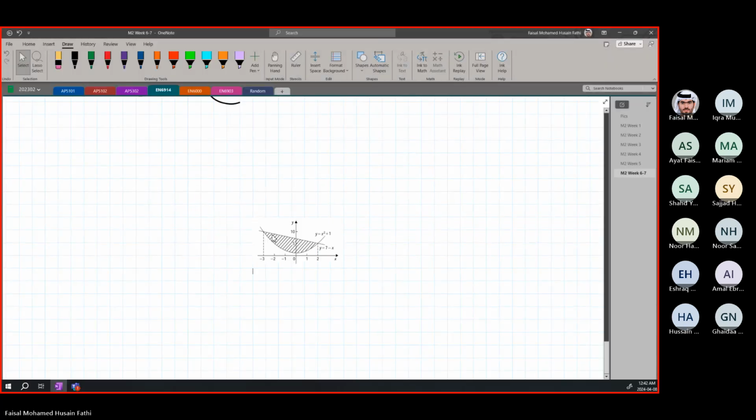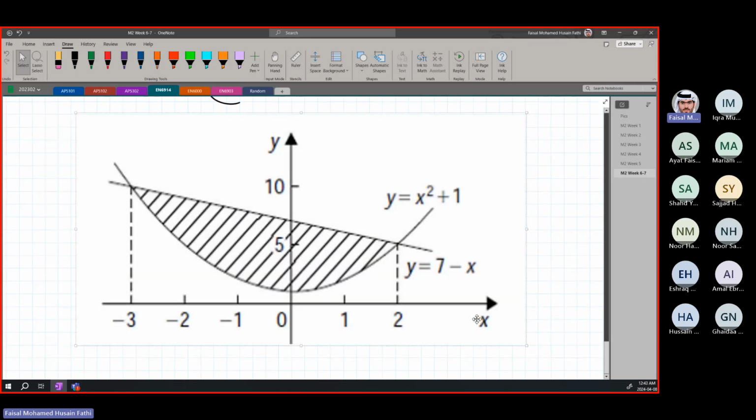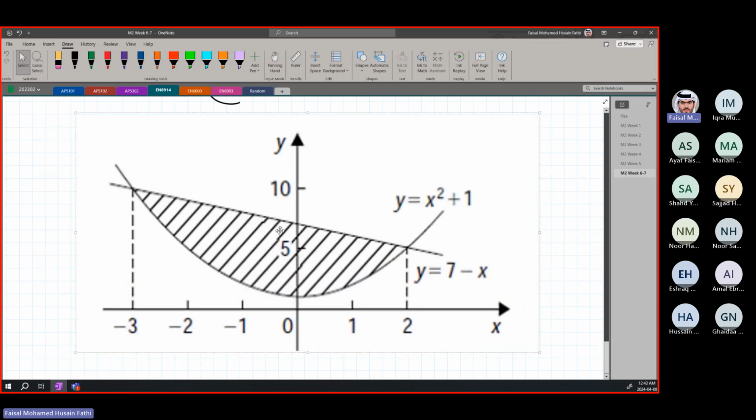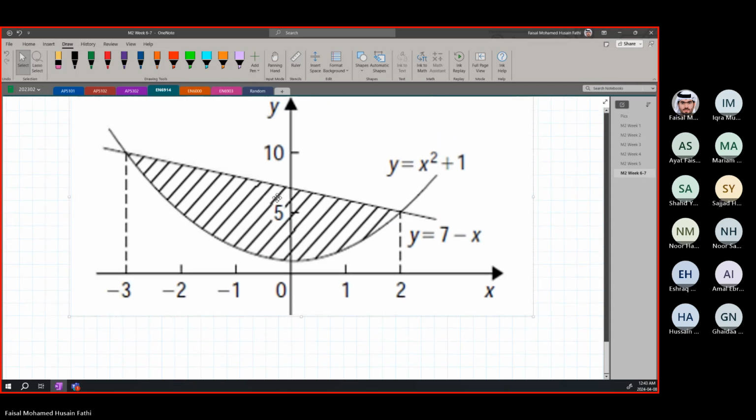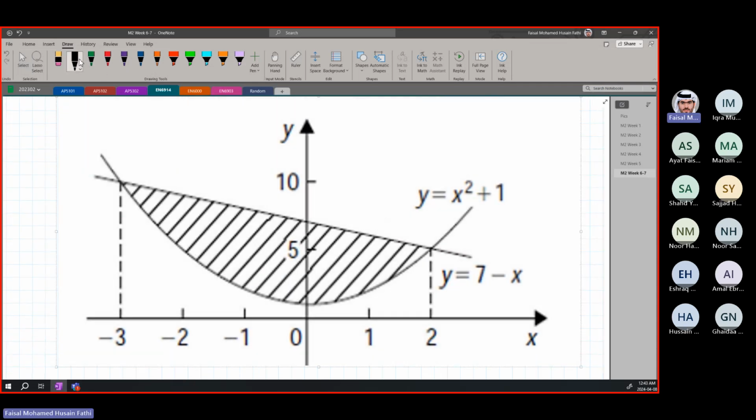This is the case of when you have two curves and you need to find the area in between. Let me make it as large as I can. Okay. Now they're saying this is your shaded area. It's shown clearly where your shaded area is, but it is between two curves.